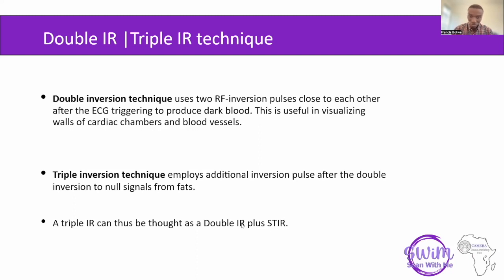So if you are doing any examination and you see the STIR, that means you want to suppress the signal that's coming out from fat. And we know that the double inversion technique, we use that to suppress signal from blood. So if I'm going to add another inversion recovery that will suppress fat, that means I'm using the triple inversion recovery technique.